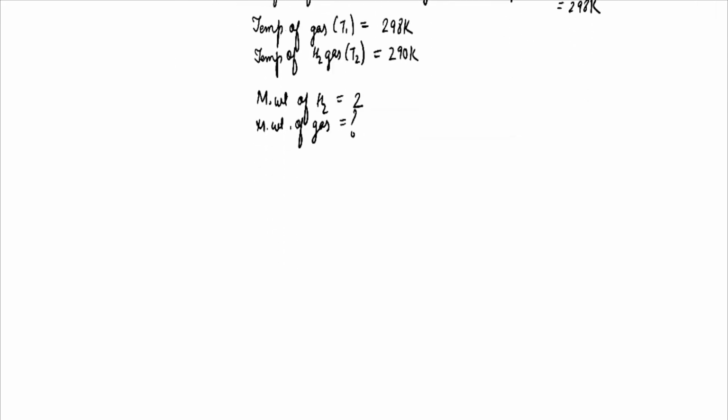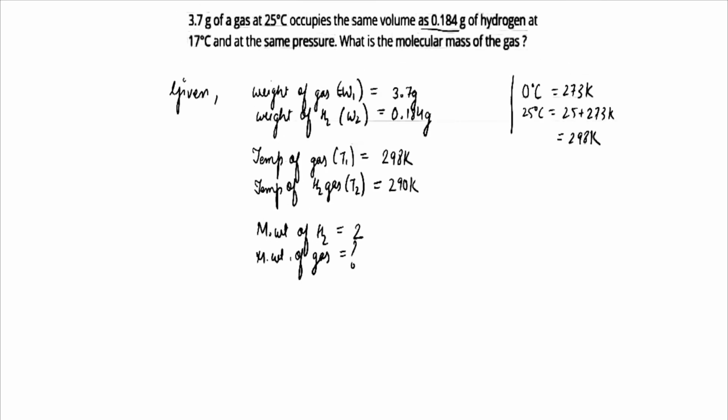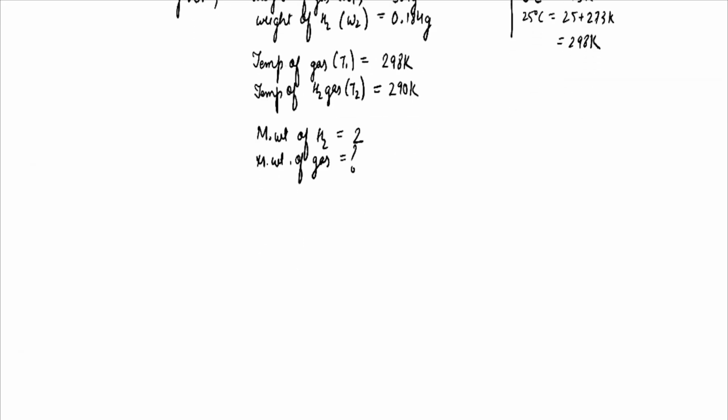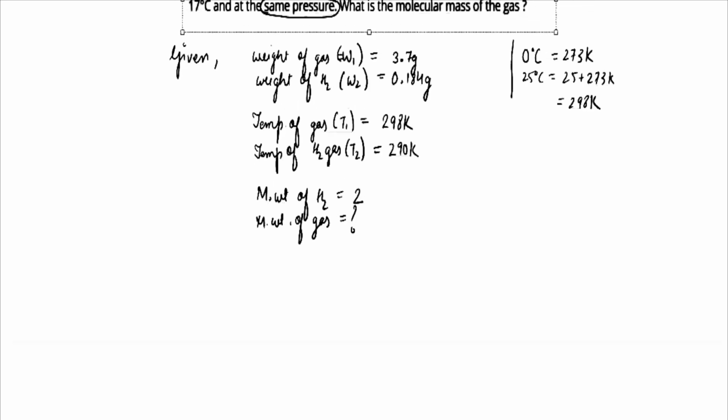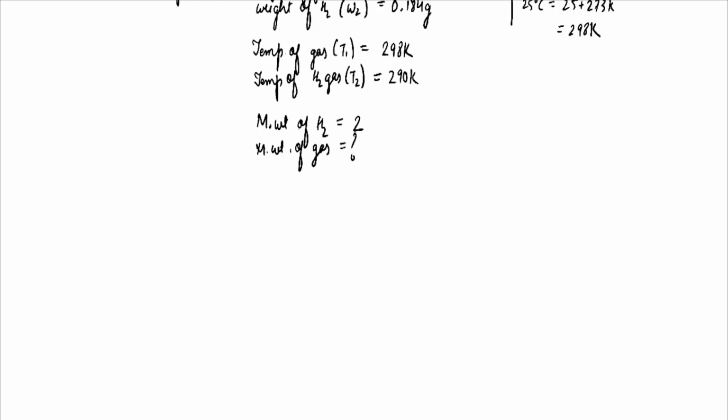As given in the question, the pressure is constant, and volume is also constant, as written here: same volume. Volume and pressure are the same, that means P and V are constant.